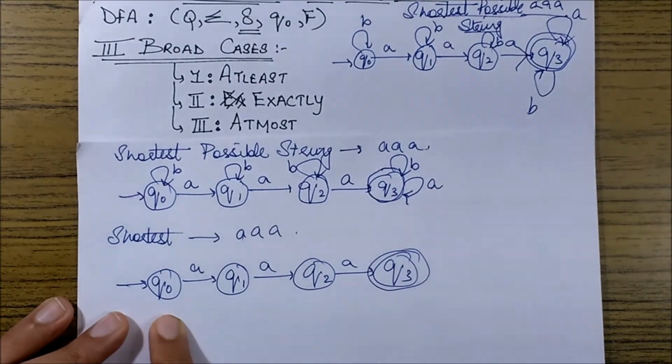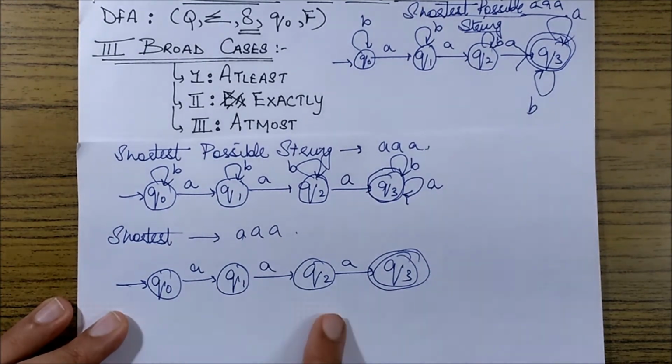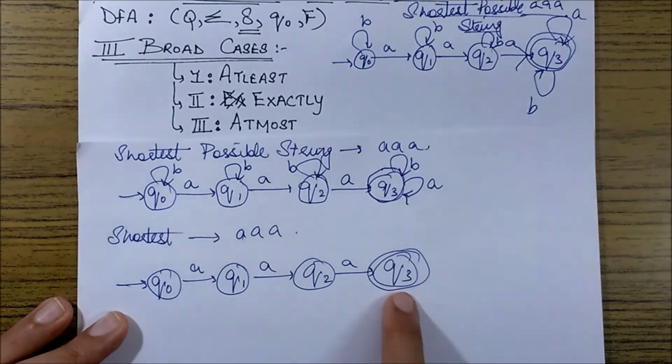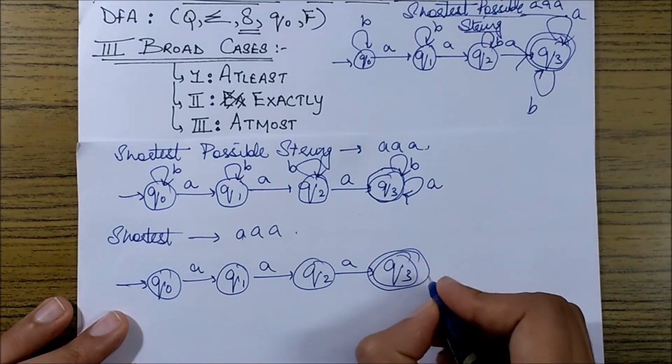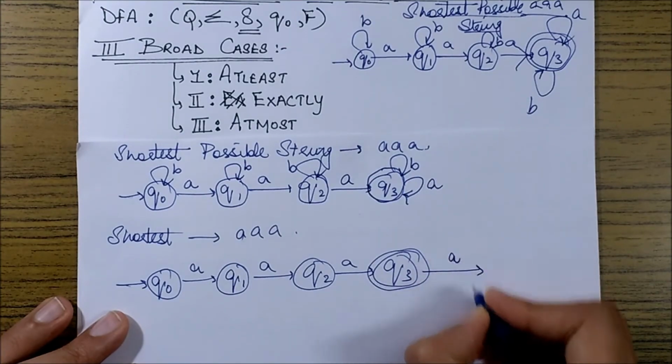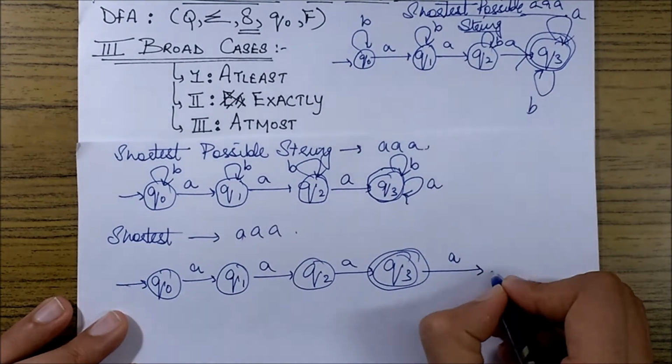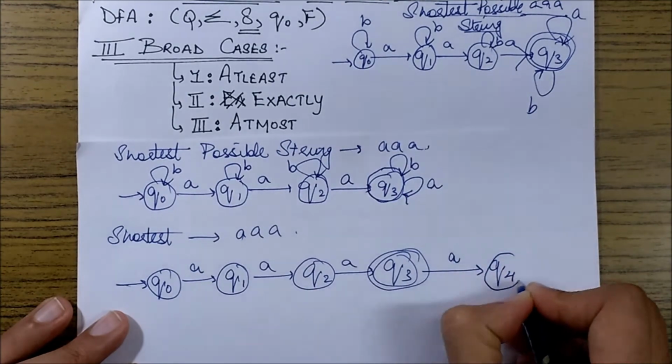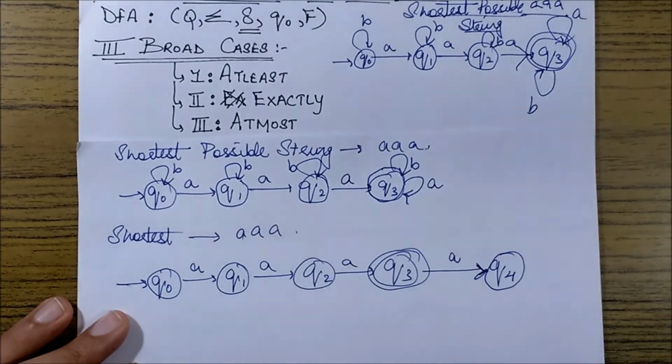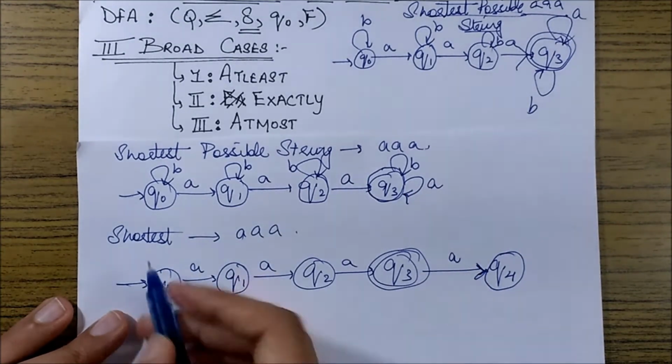Since for the first state I have already defined the transition for A, the second is also defined, the third is also defined, but over here at Q3 I have not defined the transition on A. But I also know that no more A's can occur. So I'll mark a transition like this to a state, let's say Q4, and I'll make sure that no transition on A from this state enters this actual DFA.